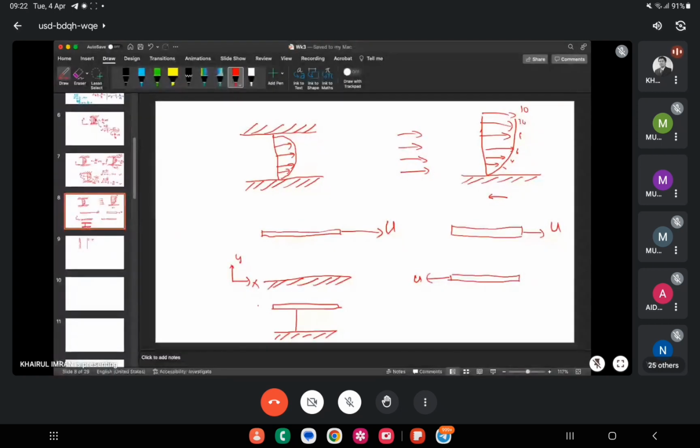Yang bawah ni saya nak bagi hint je. Bila fix dia tak bergerak, straight line. Tapi bila now dia dah bergerak ke kanan, dia akan jadi macam mana bentuk dia? Profile tu.